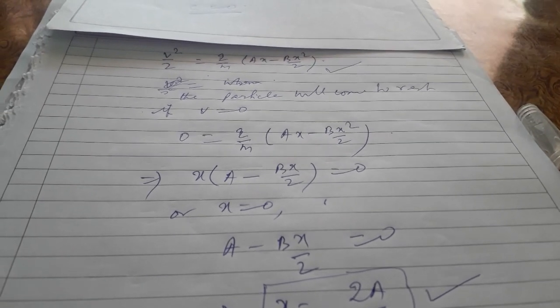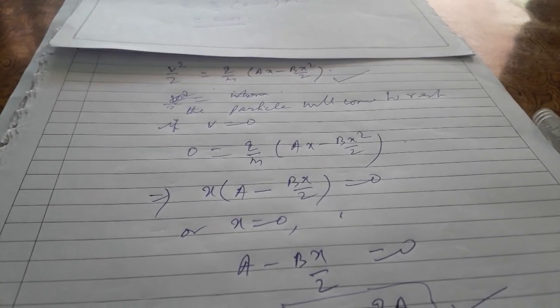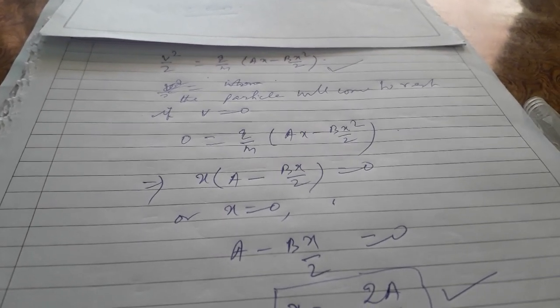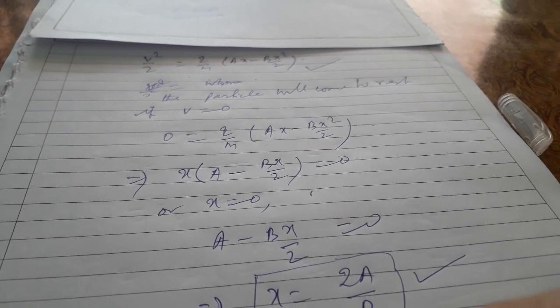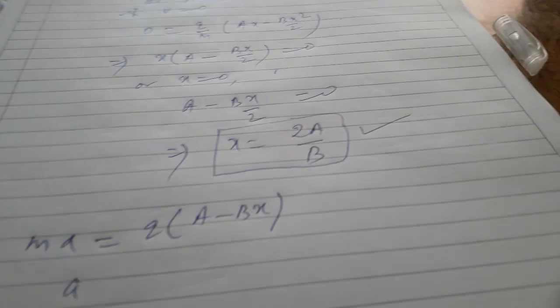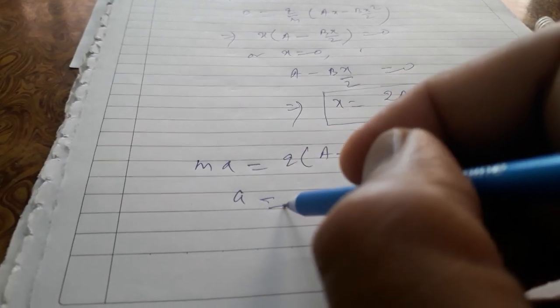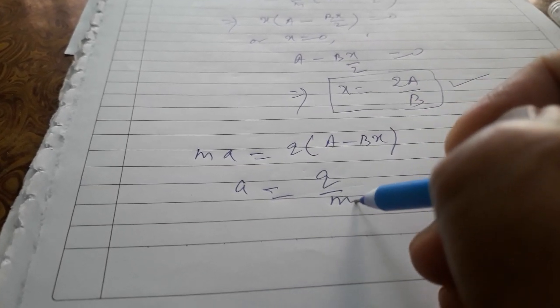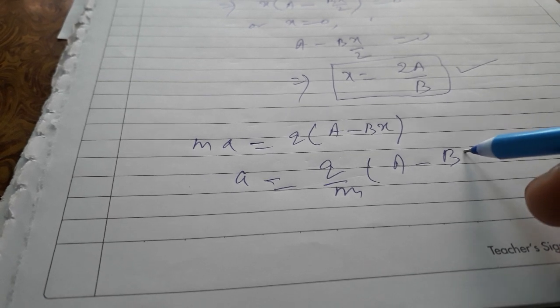Now to find the acceleration we use the equation ma equal to Q into A minus Bx, or acceleration equal to Q by m into A minus B into x.